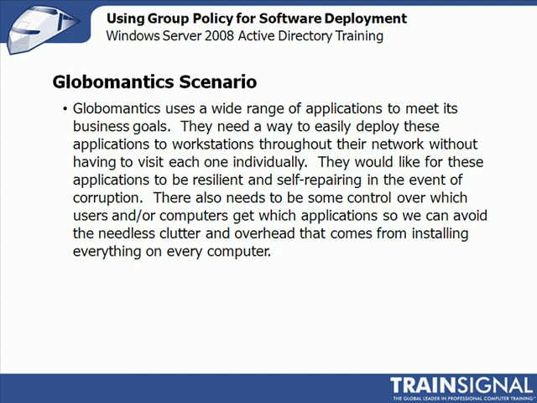So as we've already seen with everything else in group policy, we link the group policy that's going to deploy the software to a container that has the users and or computers that need those applications.